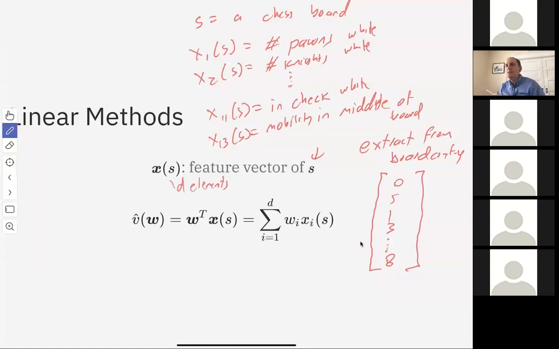And we'll basically multiply every weight by the feature, sum them up, and we'll get our value. Let's use a simpler example where D is 3. So X might be 3, 1, 2. And W might be 1, 2, negative 1.